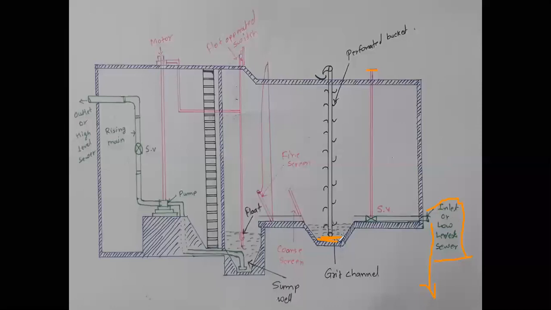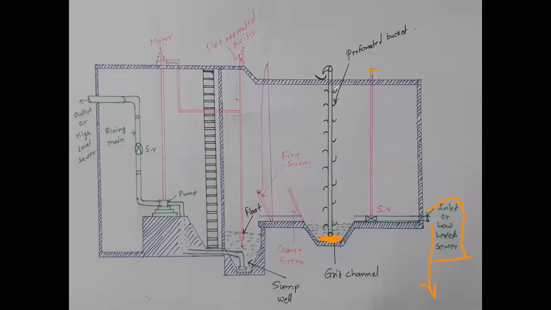We are not supposed to allow them to keep settling here for a longer period, because this complete pumping station is in continuous operation. So we can continuously remove these grit particles with the help of perforated buckets.